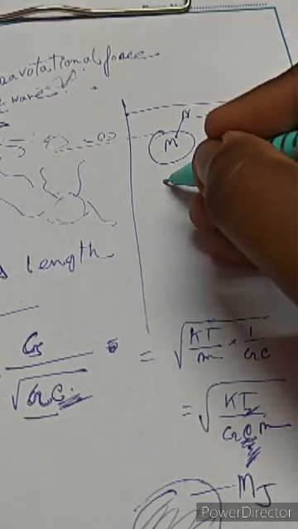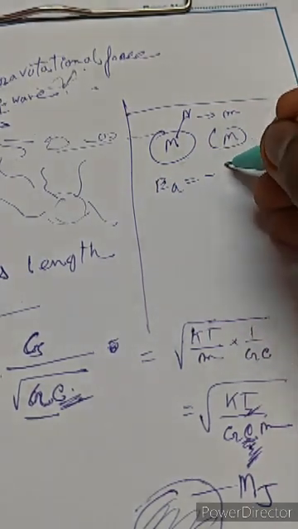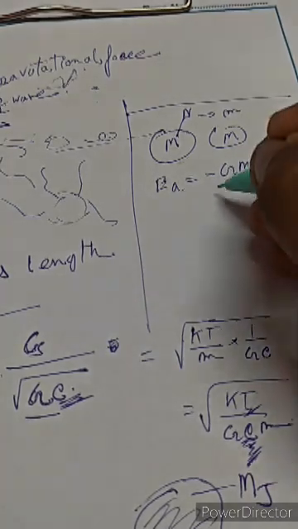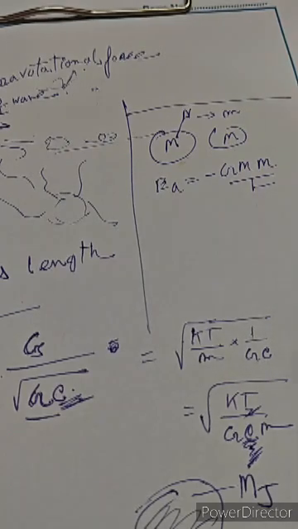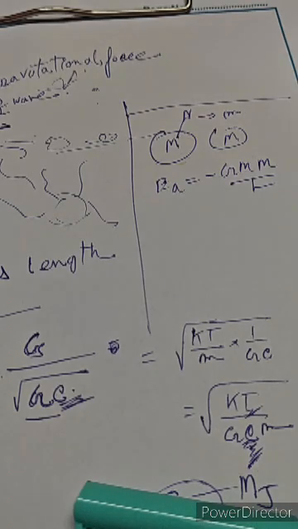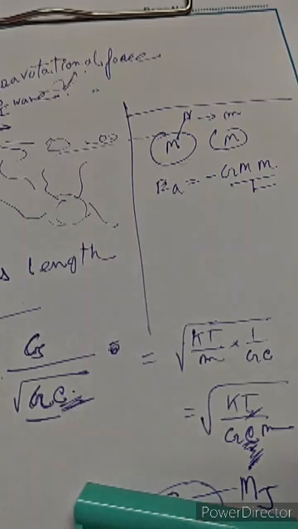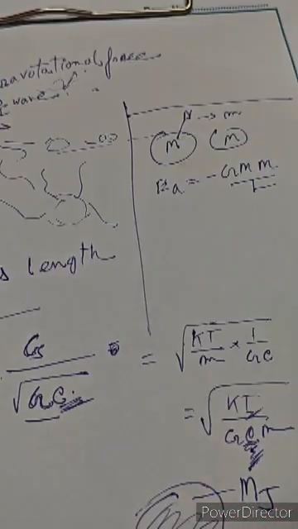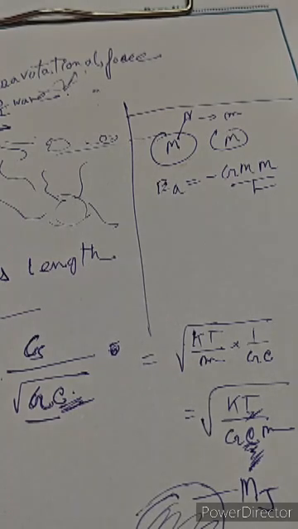So gravitational potential energy EA is equal to minus GMm by L. The minus is there because in gravitational potential energy we bring a particle from infinity into the gravitational field. So it is the work done by the environment, not by the system. So it is negative.